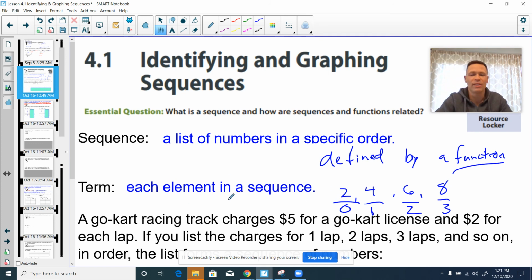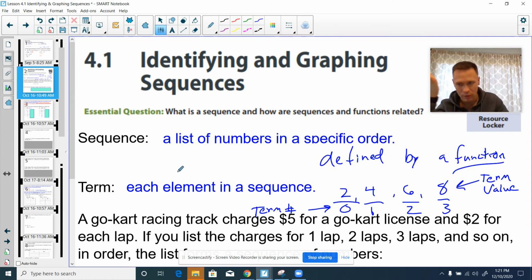So we're going to have these things called term numbers, and then we're going to have term values that are associated with that, okay? The term value for term 0 is 2, term 2 is 6, term 3 is 8, and so forth, right? And a term in general is an element in that particular sequence.